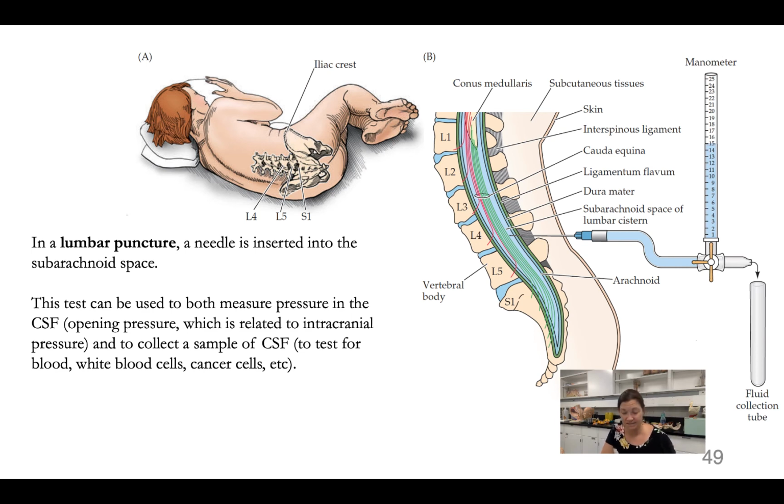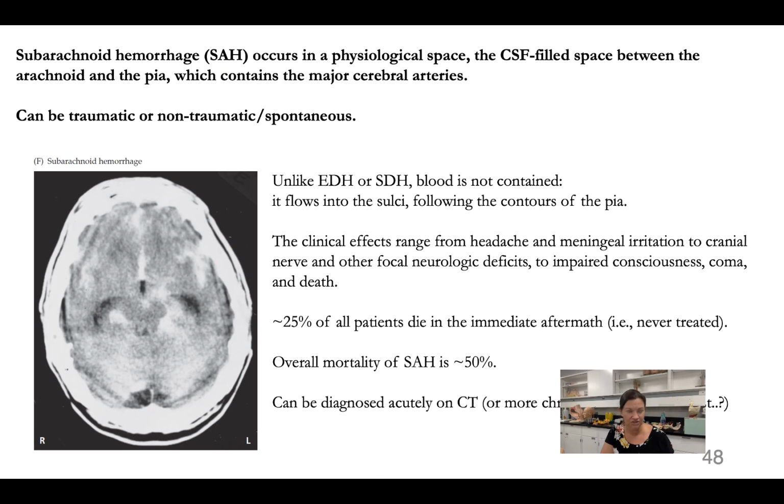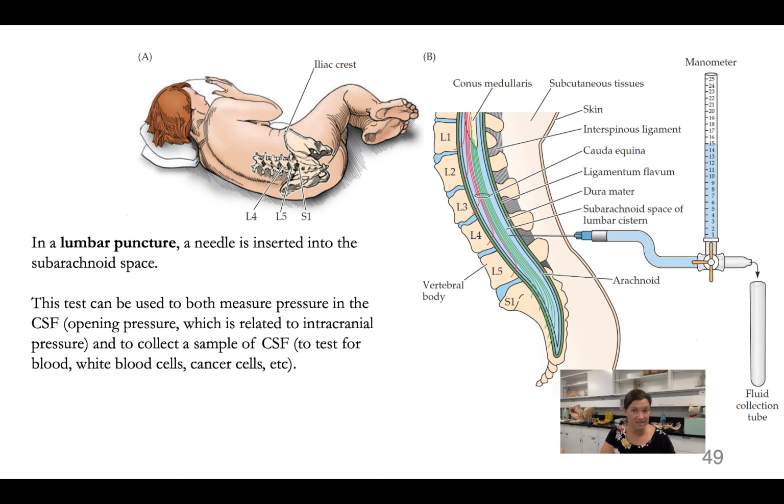And it could be, in this case, blood. If you were diagnosing a potential subarachnoid bleed, there would be blood in the CSF. You could look for white blood cells to test for the presence of an infection like meningitis. And you could look for cancer cells to look for metastatic cancer that's spreading via the CSF.